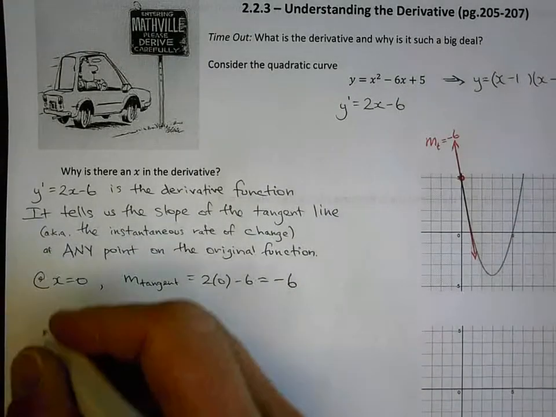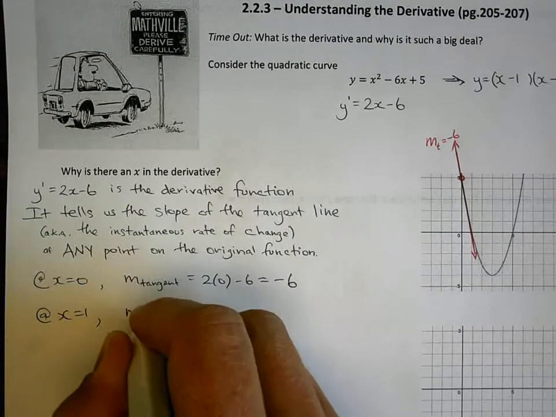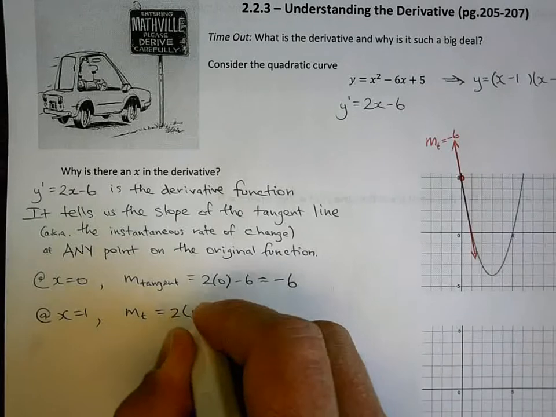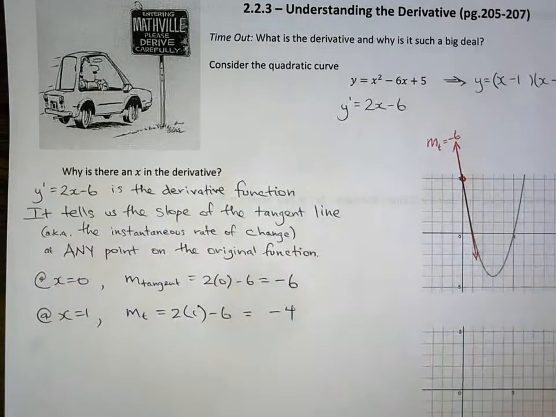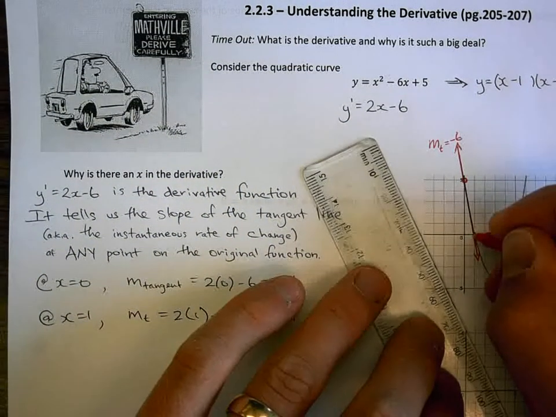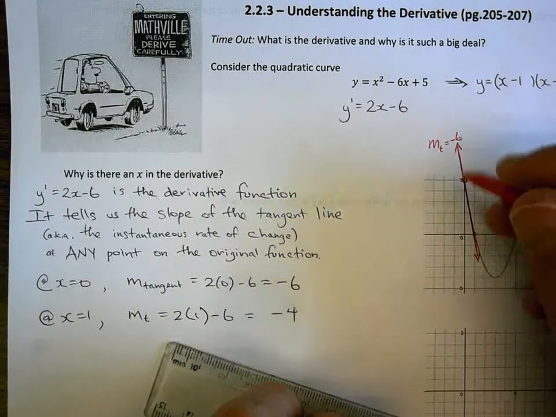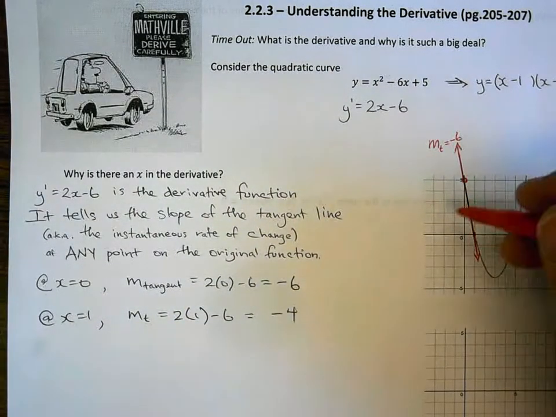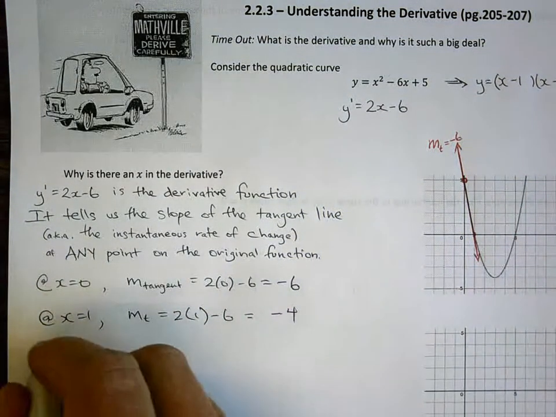Okay, let's try a different one, at x equals 1. Well, slope of the tangent is 2 times 1 minus 6, so that's 2 minus 6, so that's negative 4. Let's look at x equals 1, so right here. I'm not going to draw it because it's going to get too messy here, but you can see that the slope would be not quite as steep. Let's do another one at x equals 2.